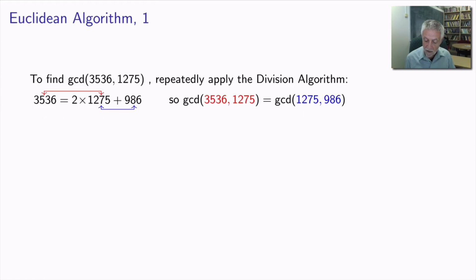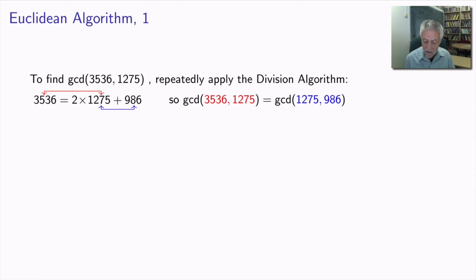Because 986 is equal to a multiple, namely 1 times the first minus 2 times the second, any number that divides each of those will divide 986. So any common divisor of those two will divide 986. And of course, it will divide 1275 because that's one of them, the smaller of the two integers we began with.